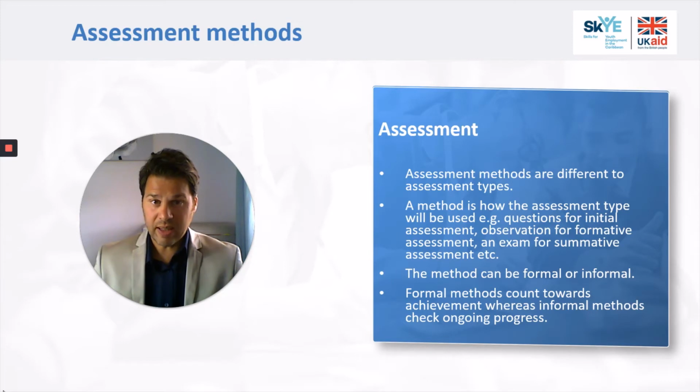Now, we would say that assessment methods can be formal or informal, and the formal things that you do count towards the achievement of the qualification, whereas informal methods check ongoing progress of students. So make sure that you give ample opportunity for students to practice, to make sure that they can do the best they can during the summative assessment and that they've had ample opportunity during the formative phase.